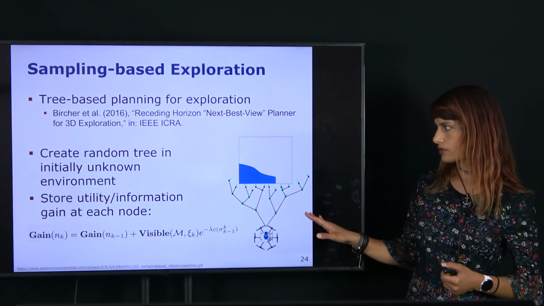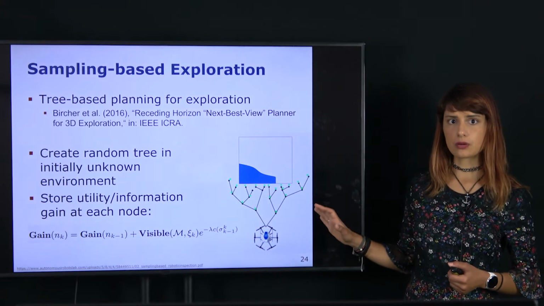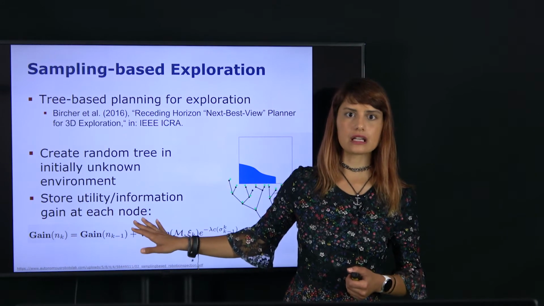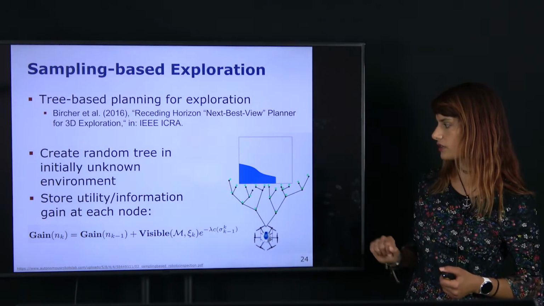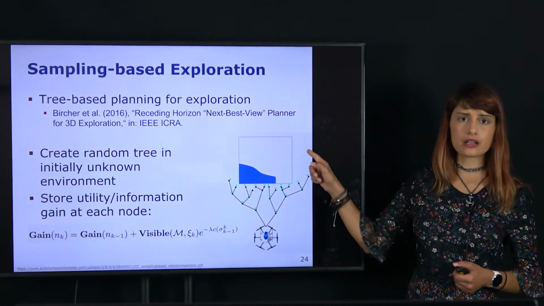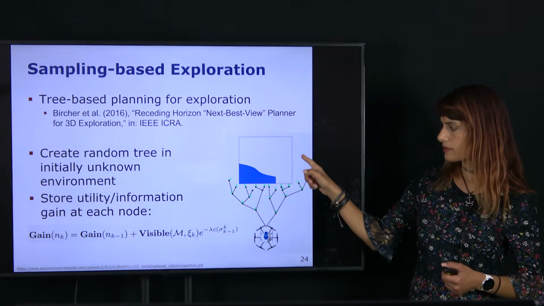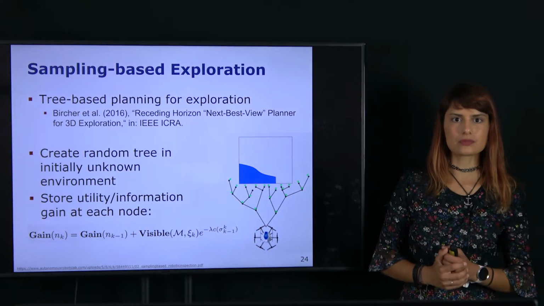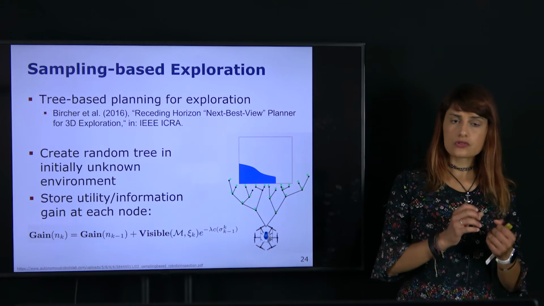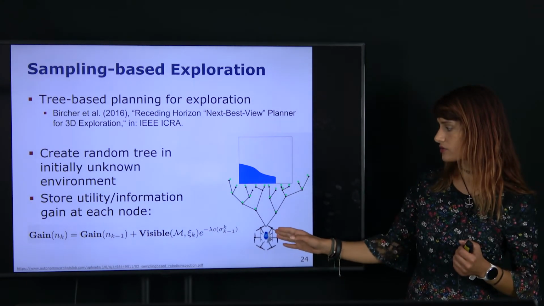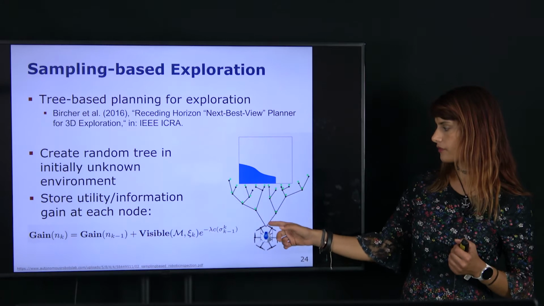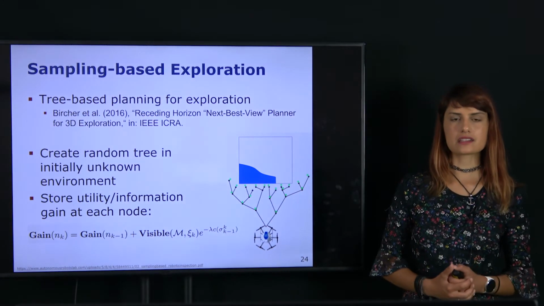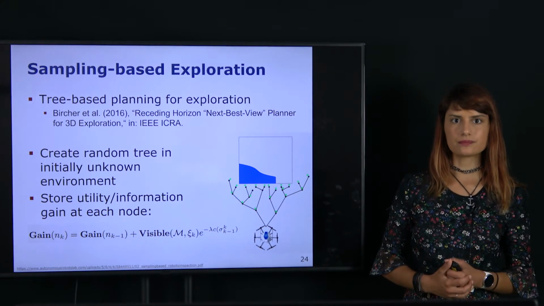And now for each node of the tree, for the informative planning problem, the key idea is to store the utility or the information gain associated with each node of the tree. So every time we sample the tree, we have some value associated with it, telling us how promising it is for the robot exploration problem. And we can use this information in order to develop paths in the tree that the robot should follow to maximize its exploration information gathering mission.